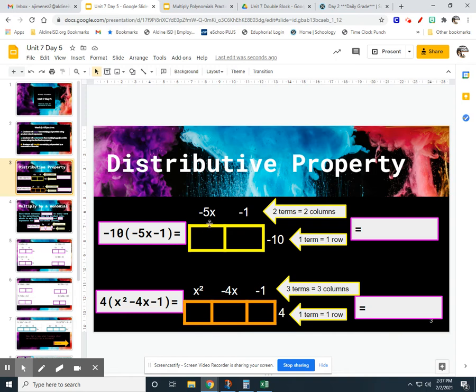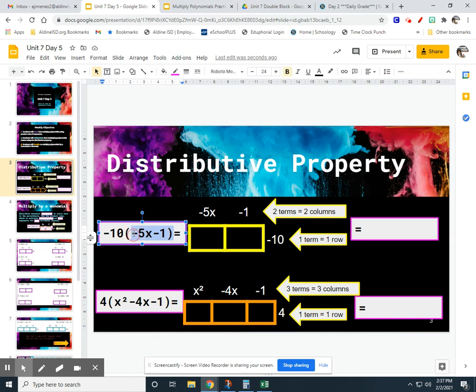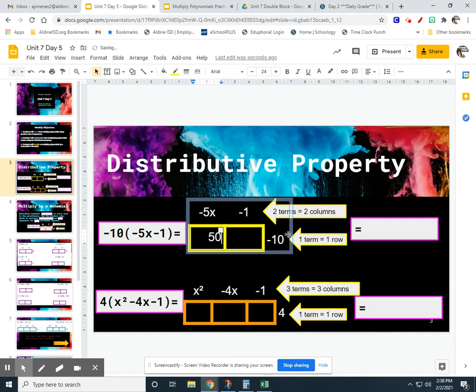Okay. What we're going to do is the first one is going to tell us how many rows I'm going to have. So I have -10, that means 1 row. The second thing right here is going to tell me how many columns I'm going to have. I have 2 terms, so I have 2 columns. Now I'm going to do what we know about your multiplication chart. You multiply the row and the column. So -10 and -5 is 50.